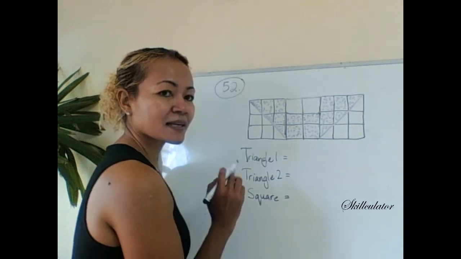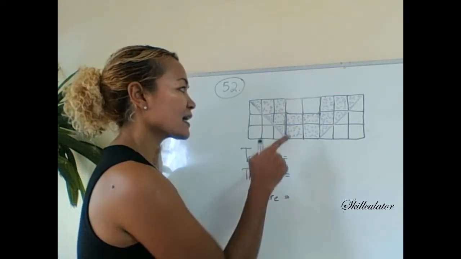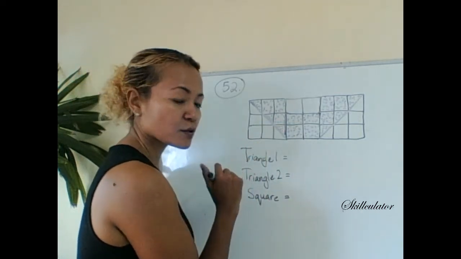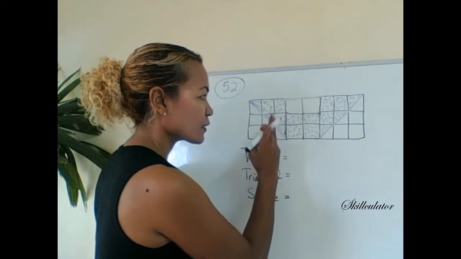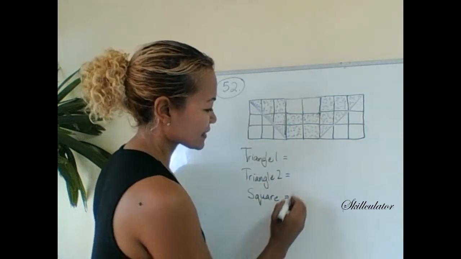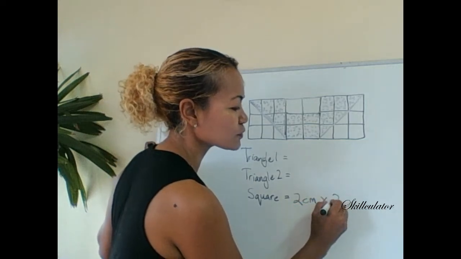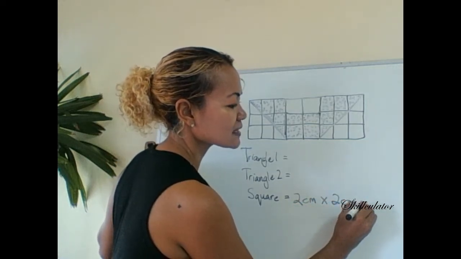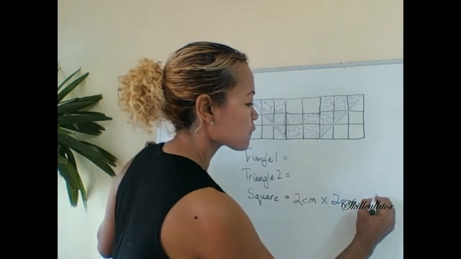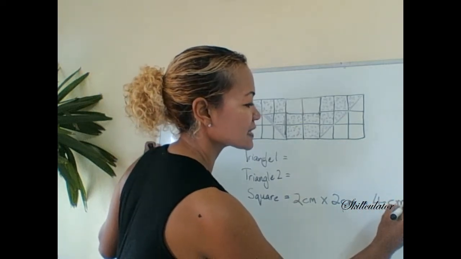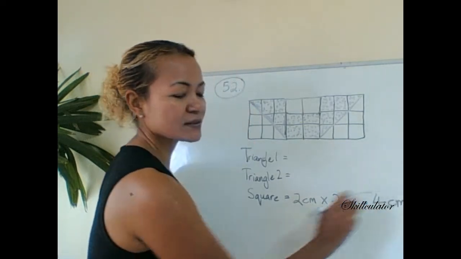So the formula for finding the area of a square is one side times another side. So we counted 2 centimeters by 2 centimeters is equal to 4 centimeters squared. Squared is with that little 2.